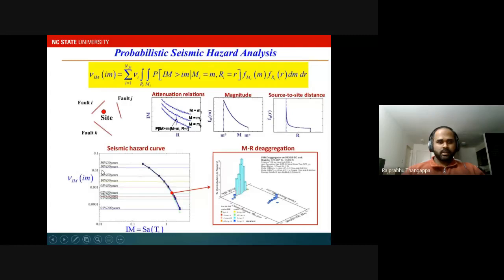And as you know, these hazard curves are plotted across different annual rates of exceedance and different intensity measures. We would be further using these hazard curves to construct the design spectrum, which we will be using in the design of structures.